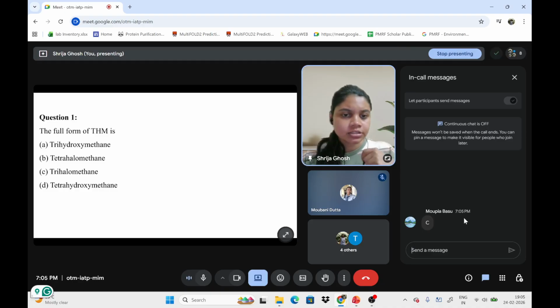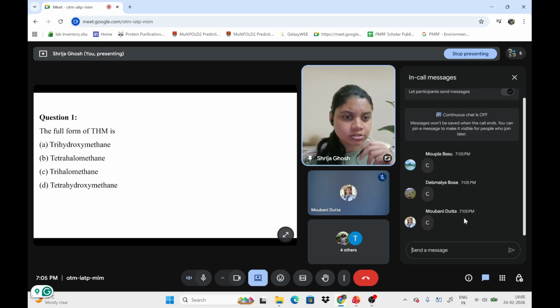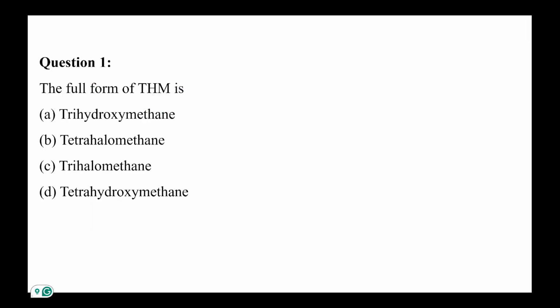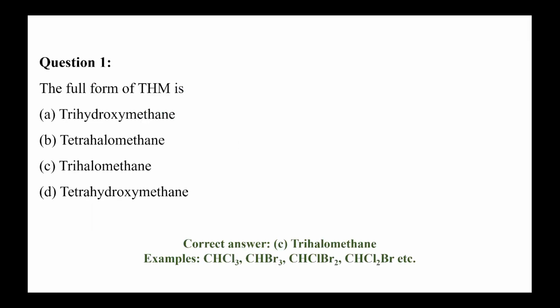Okay, I have one answer in the chat box. What about others? Okay, three of you are saying option C. Anyone else wants to answer? Option C, that is trihalomethane. That is the correct answer. THM is trihalomethane.